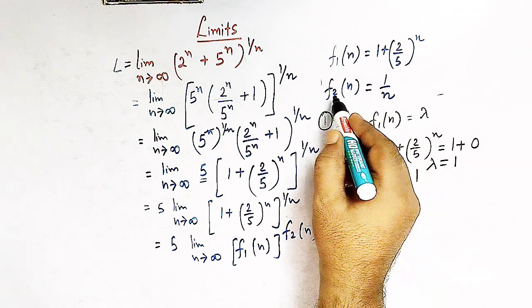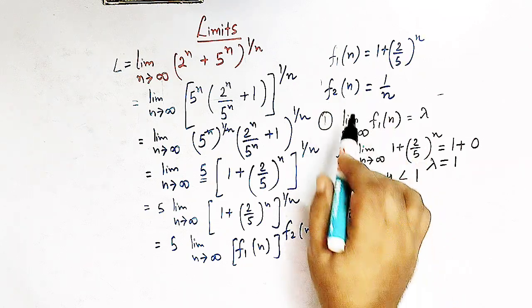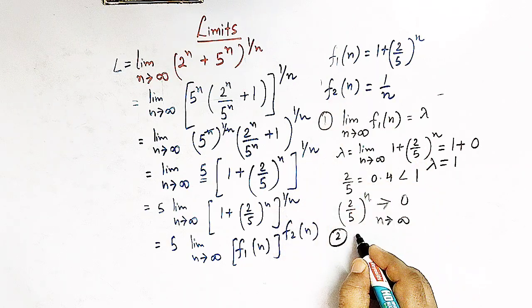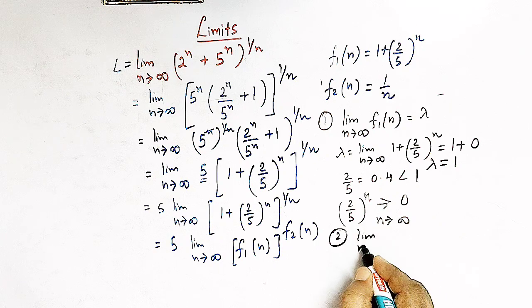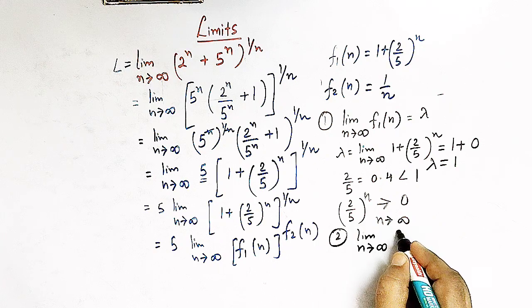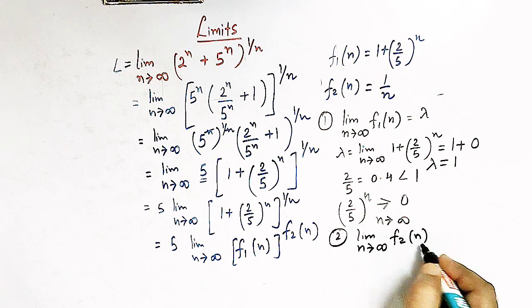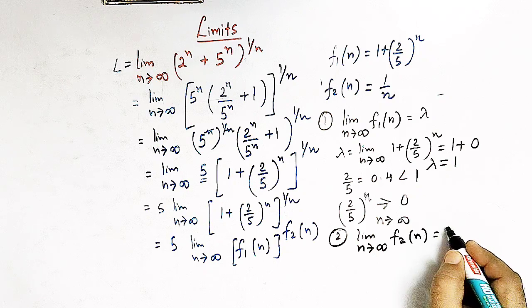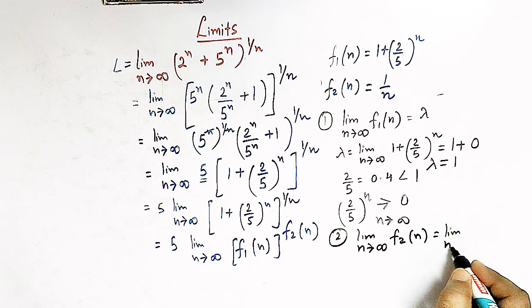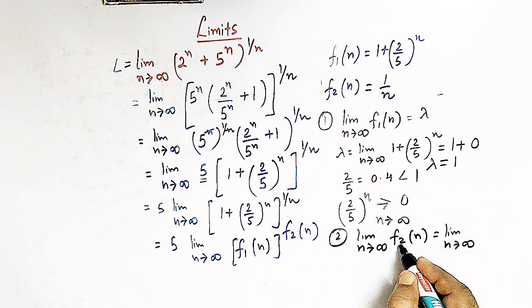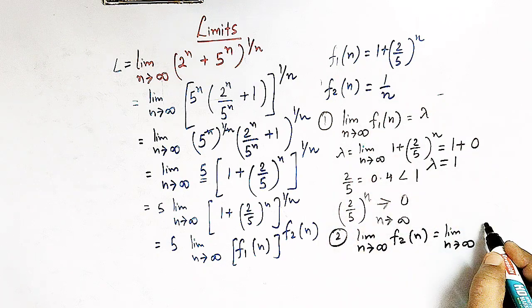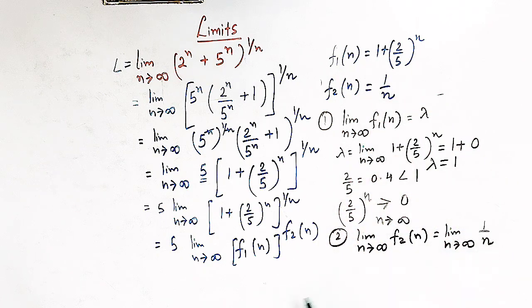Now let us find out the limit of this function, that is limit n tends to infinity of f2(n). Here f2(n) is given by 1/n, right?